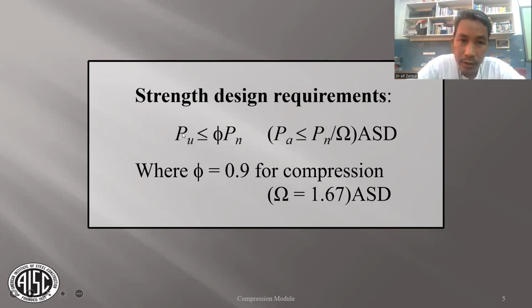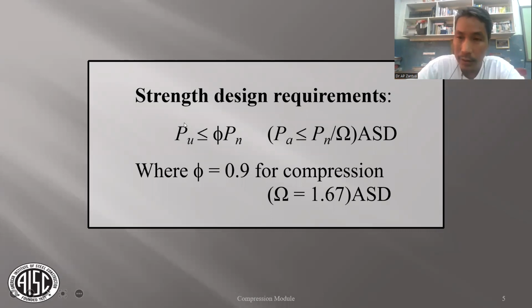And this formula is Pu is less than or equal to Pn times phi. Everything is P. So Pn, right? Is our target or design.